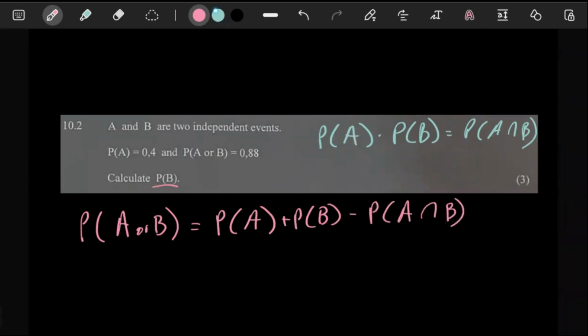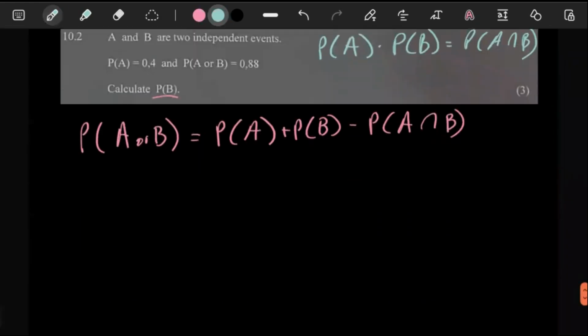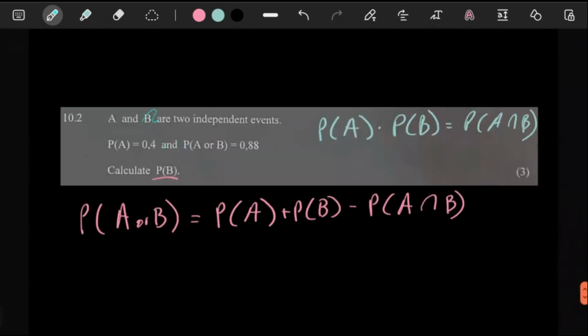You see? So if you put all the information you have into the calculator, remember, since they are independent events, you can work out this value. Oh, no, you cannot. Wait a minute, you can just replace this with this since you don't have this value.